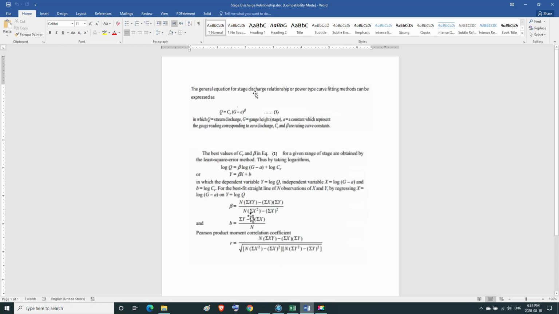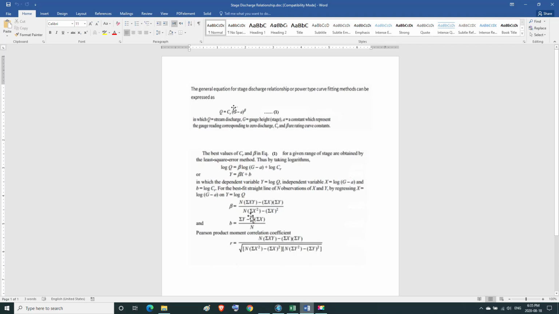The general equation for a stage discharge relationship, or power type curve fitting method, can be expressed as Q equal CR multiplied by brackets G minus A to the power beta, in which Q equals stream discharge, G equals gauge height or stage, A equals a constant which represents the gauge reading corresponding to zero discharge, and CR and beta are rating curve constants.